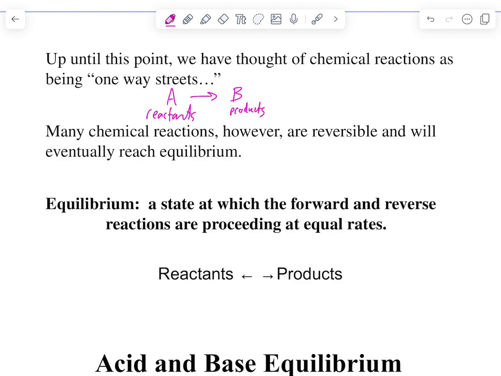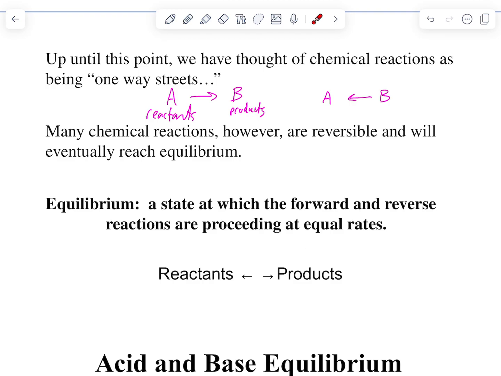Now, lots of reactions are capable of taking place backwards. They are reversible. So this reaction can happen as well, where if you have too much product, the products can actually break down and reform the original reactants.